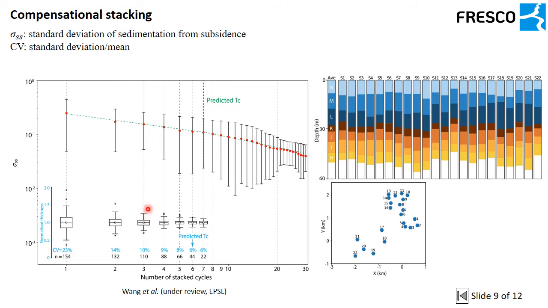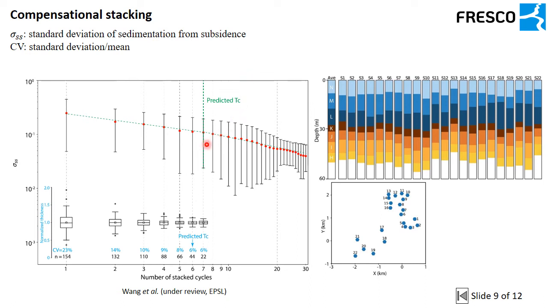Okay, here we show the result. As the number of stacked cycles increases from 1 to 6, the CV keeps decreasing, but after 6 it does not decrease anymore. So our predicted compositional timescale is here. We use another metric called sigma SS. That's the standard deviation of long-term sedimentation rate over subsidence rate.